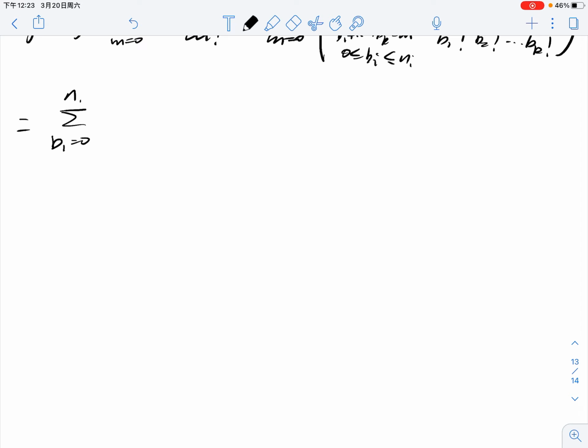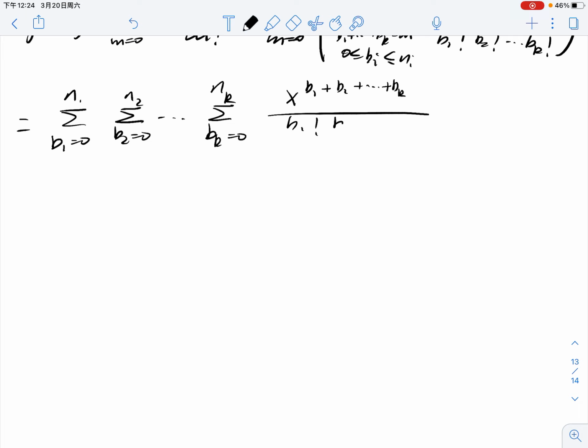And this is, you can decompose the summation into each variable b1, b2, ..., bk, with b_i up to n_i, x^(b1 plus b2 plus all the way to bk) divided by b1 factorial, b2 factorial, all the way to bk factorial.